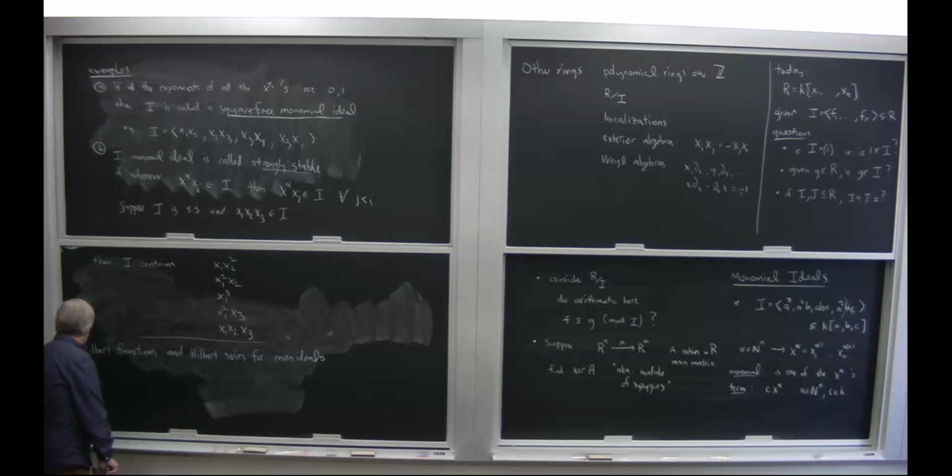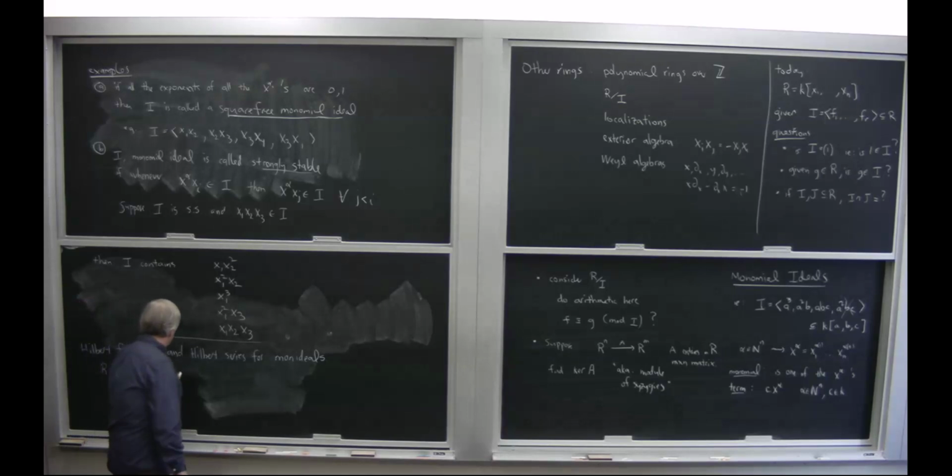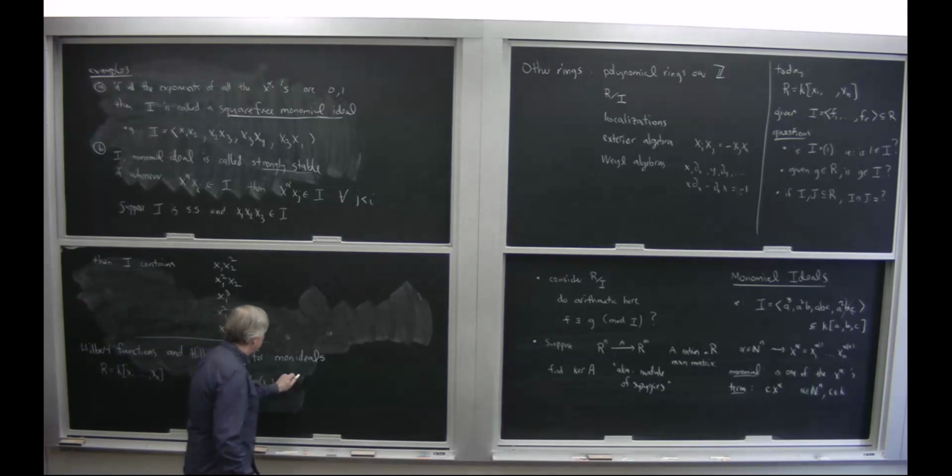So we're going to take R, which we call k[x1, ..., xn], and we grade this by setting the degree of each xi to be 1. Okay, this is the standard grading.